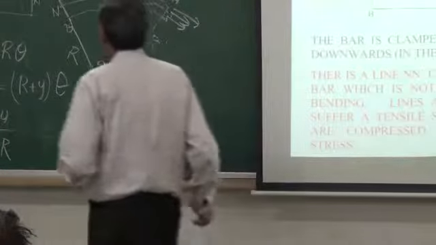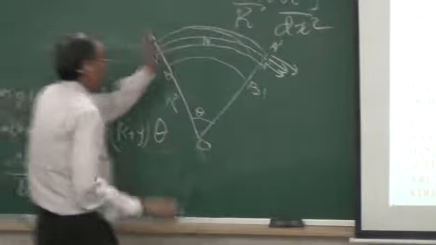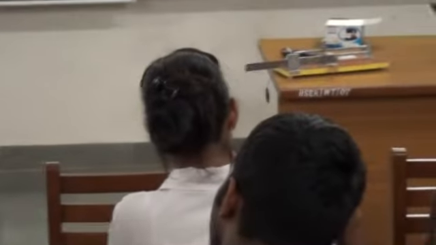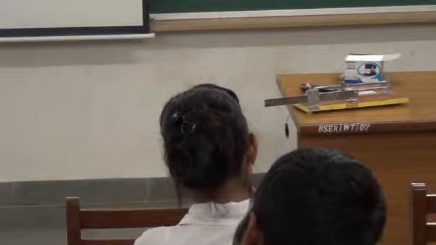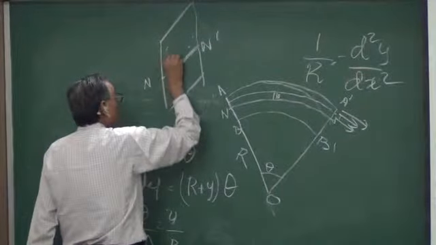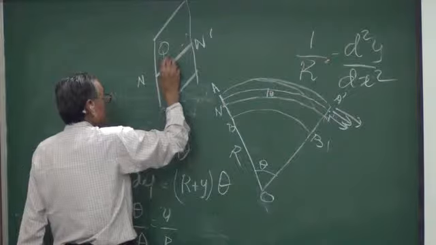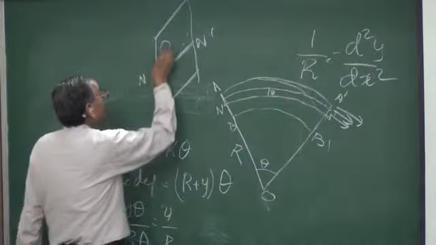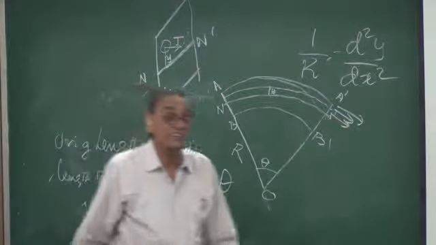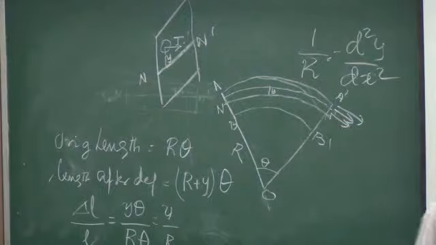So if you look at this cross section, this will be the intersection of the neutral plane. You take a small area dA at a height y above, there will be a tensile force T, which will be equal to the Young's modulus into the strain at the height y.